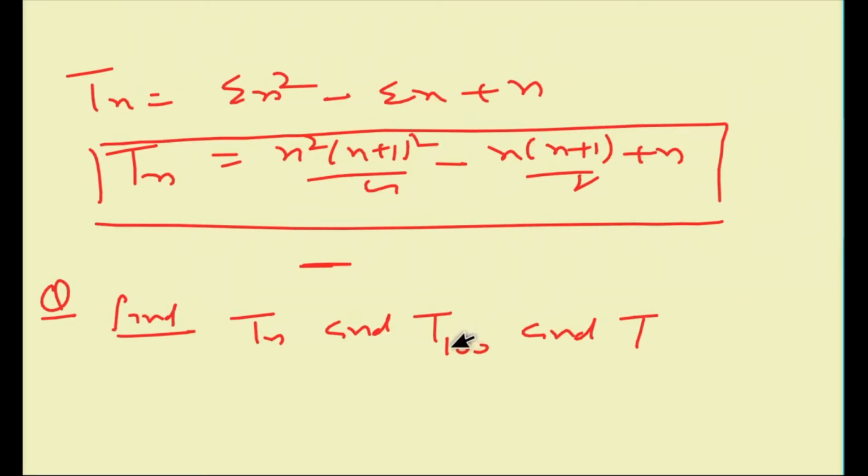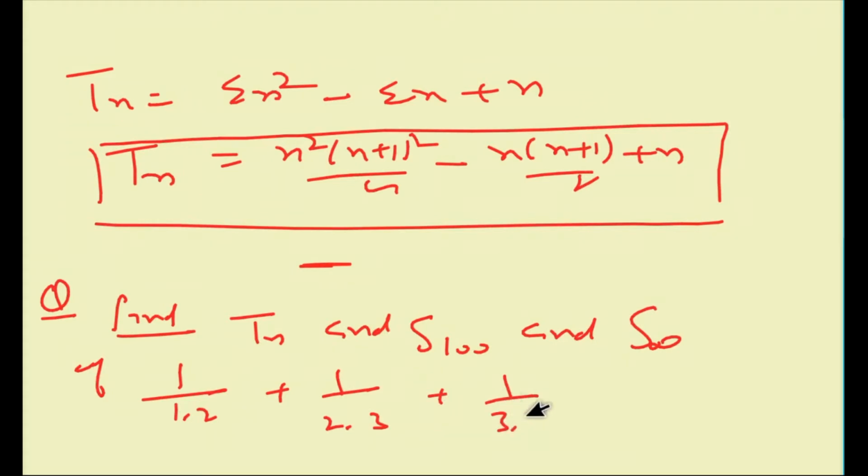Find Tn, S100 and S infinite of 1/(1·2) plus 1/(2·3) plus 1/(3·4) plus and so on. In this type of series, how will you find the nth term, the 100th term or 50th term, or the sum to infinity? How can you find it?